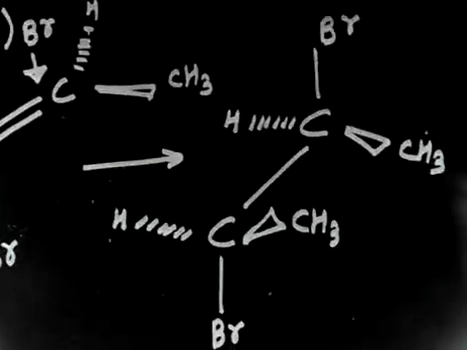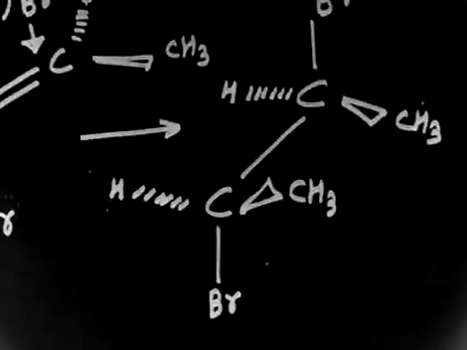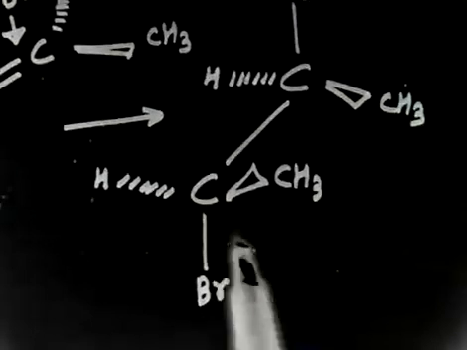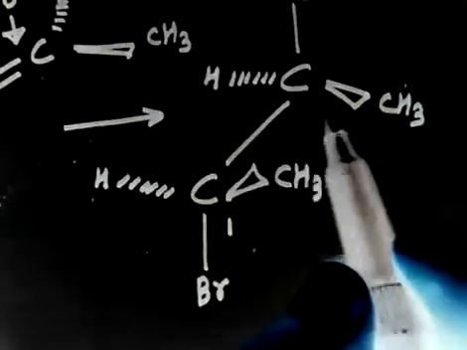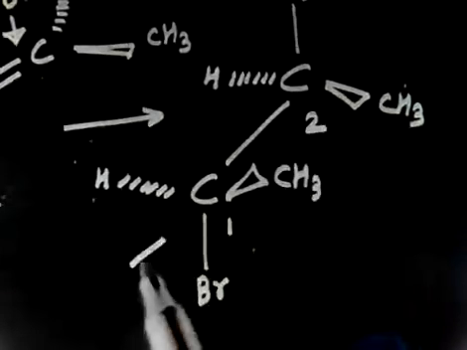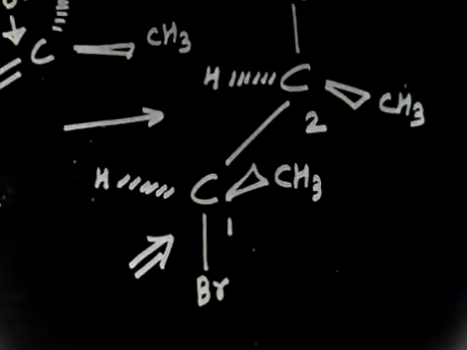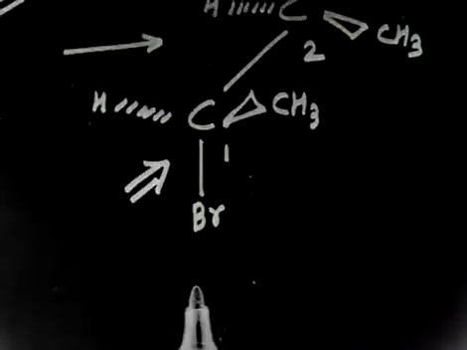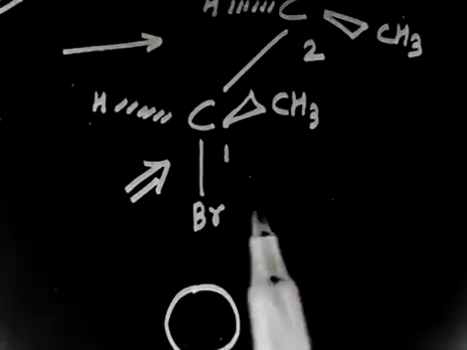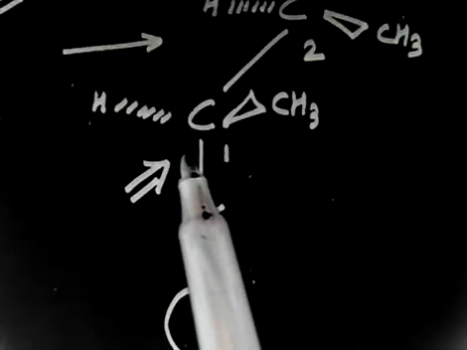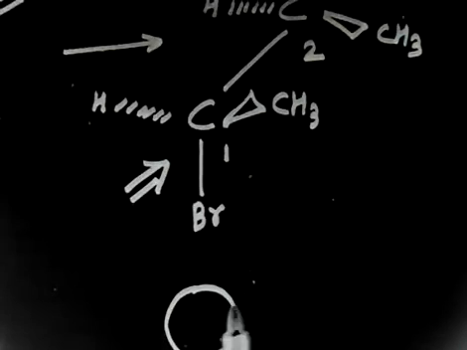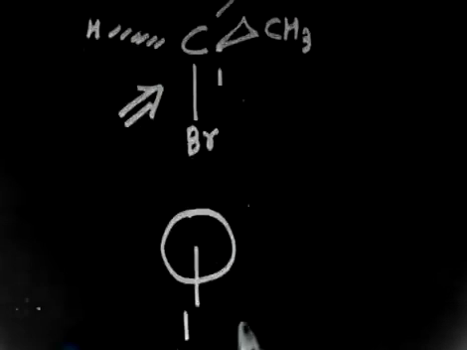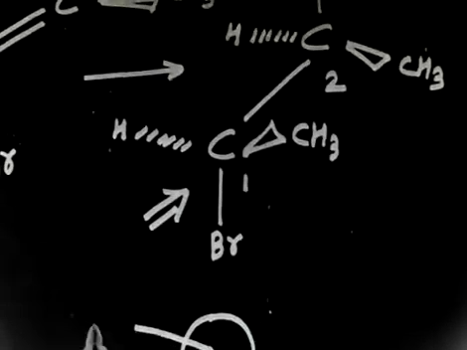Now if you make the Newman projection of this compound, let us call this carbon number 1 and this carbon number 2. If you look from this side, you can make the Newman projection. It will look something like this. On this carbon, the Br is down, and there is a hydrogen and a CH3 like this.